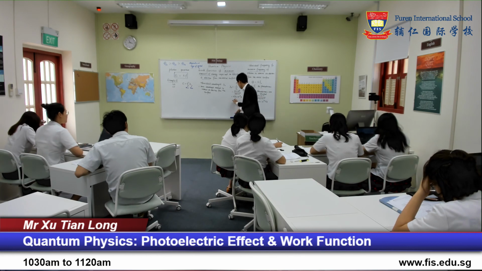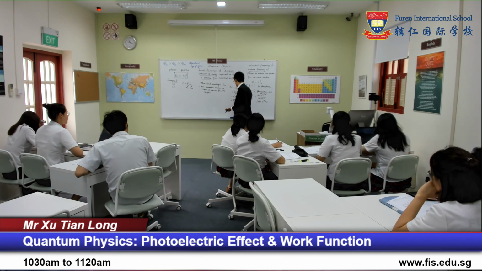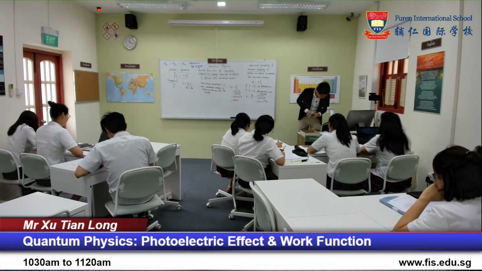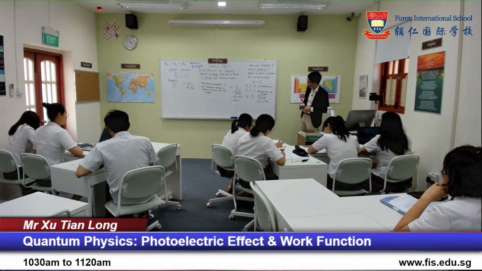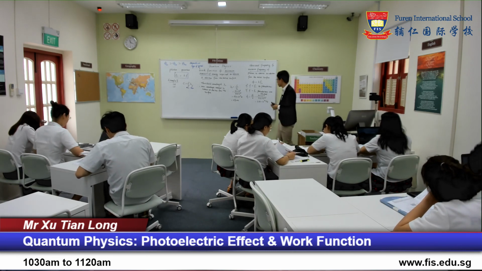So we convert this to nanometers, it will be 490 nanometers. So what is the wavelength of the light initially? Look at the question. The initial lambda is 540.